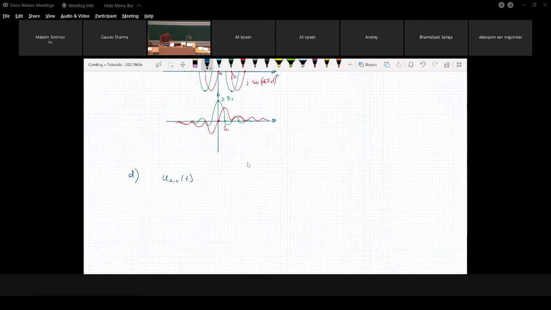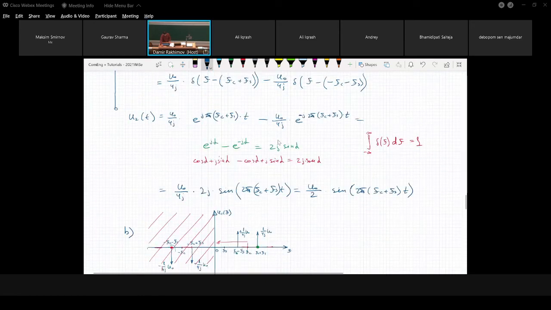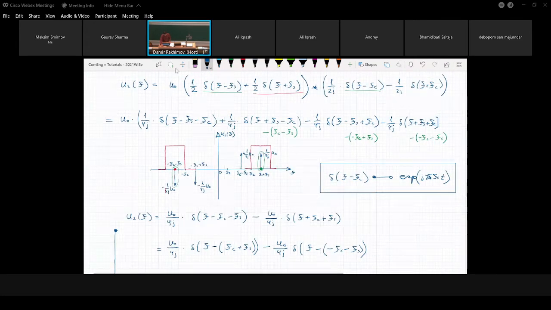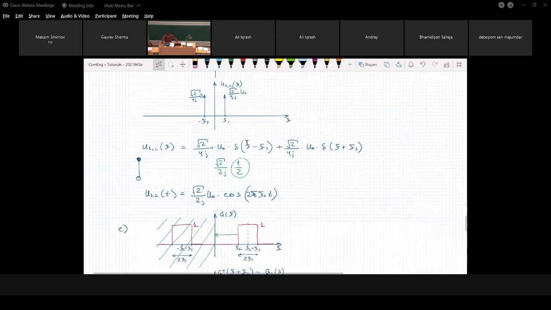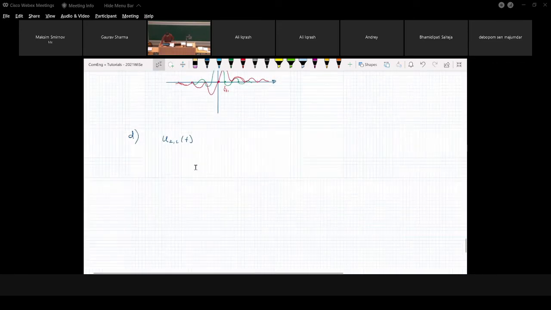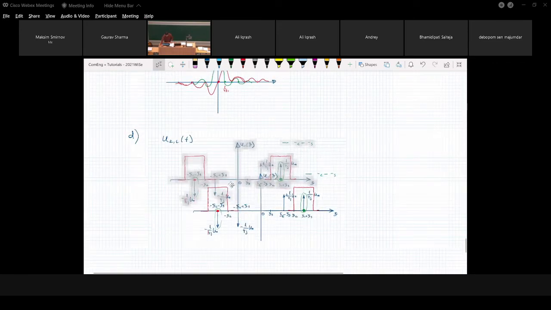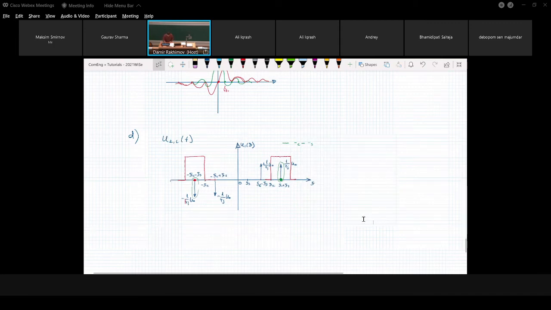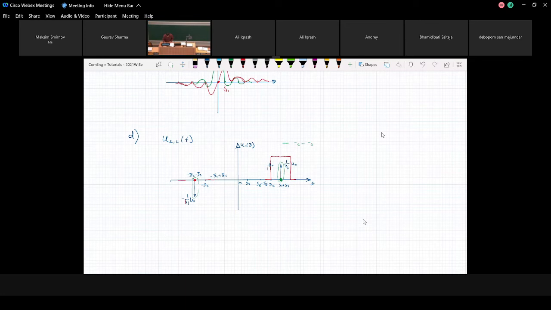We just take a result from, I think it was the first part, this one. I will copy the whole spectrum. I place it, and I remove everything we don't have after we apply the filter. We don't have this delta pulse, don't have the pulse anymore, and we have only 2 delta pulses.